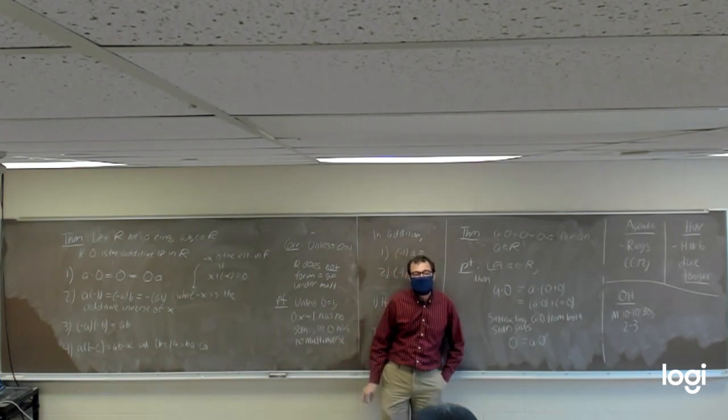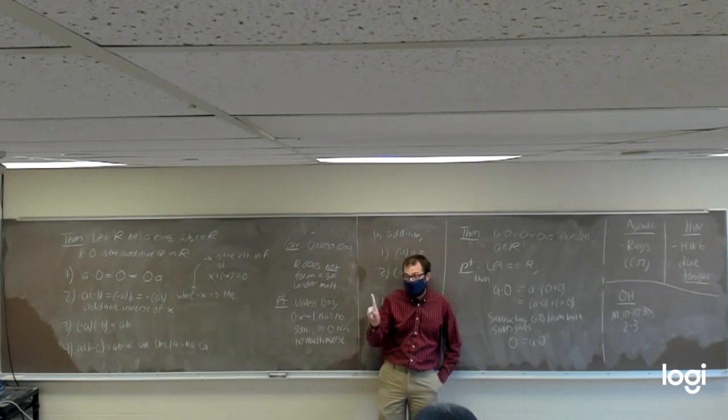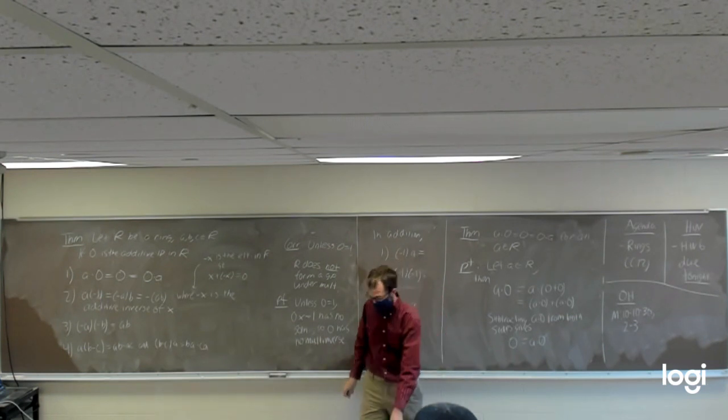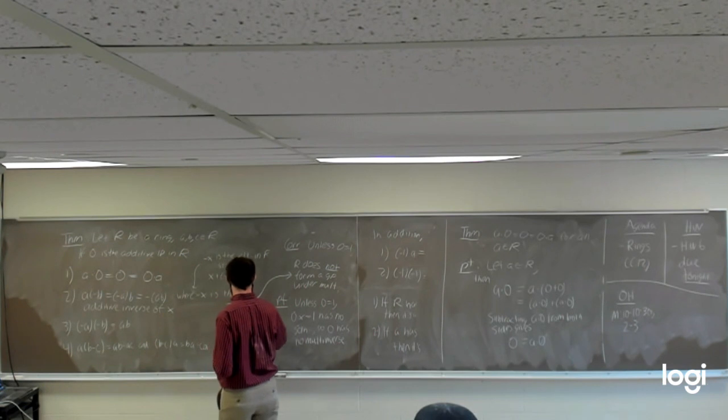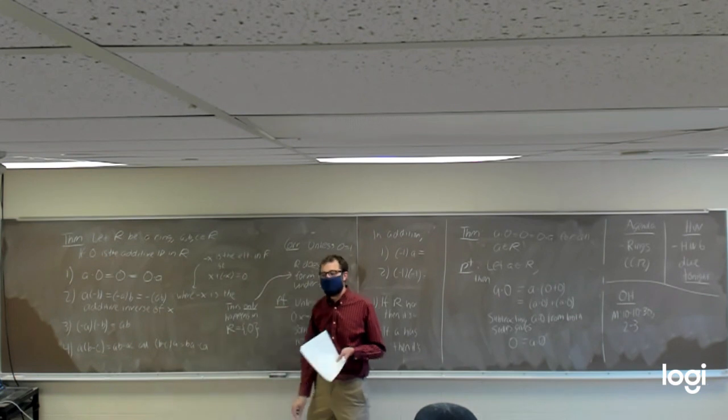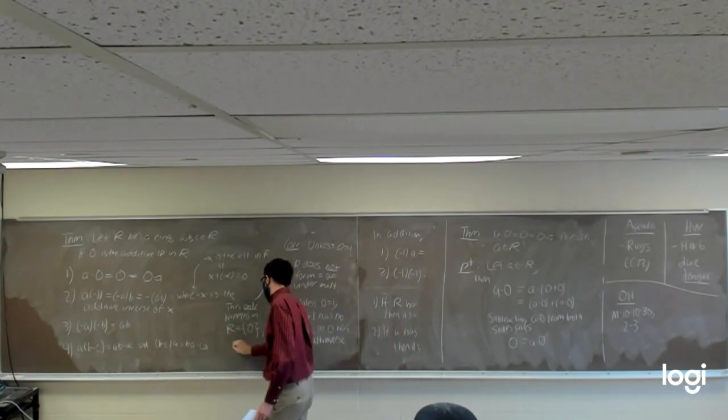And how many rings do you think there are where 0 is equal to 1, where the additive and multiplicative identities are the same? Turns out there's exactly one ring where that happens, and it's the ring with only a single element in it, the trivial ring.